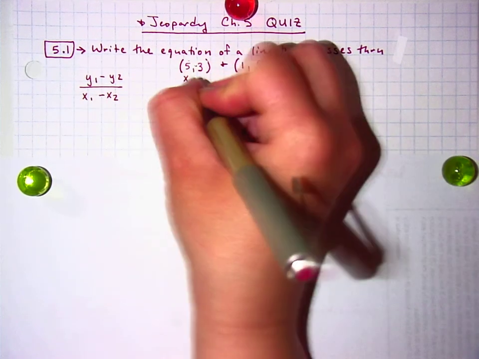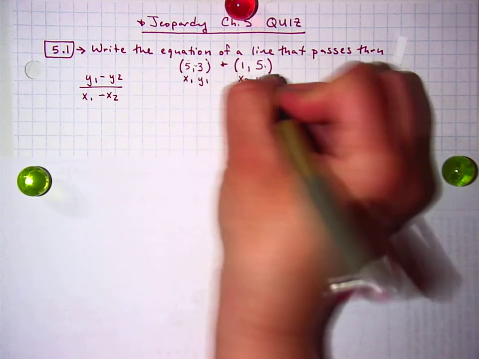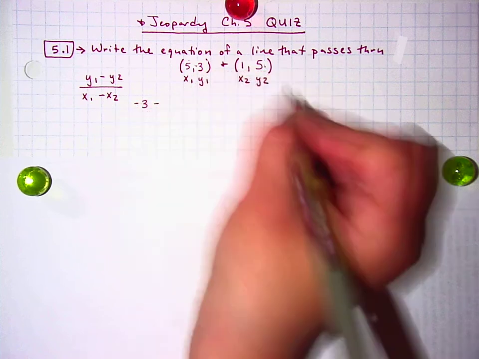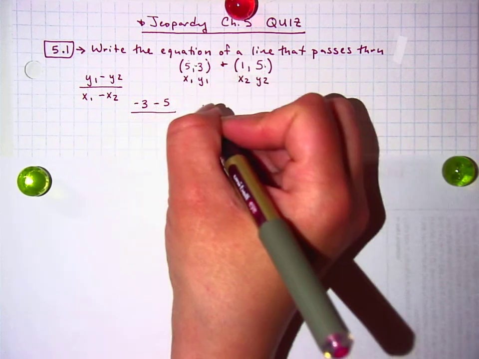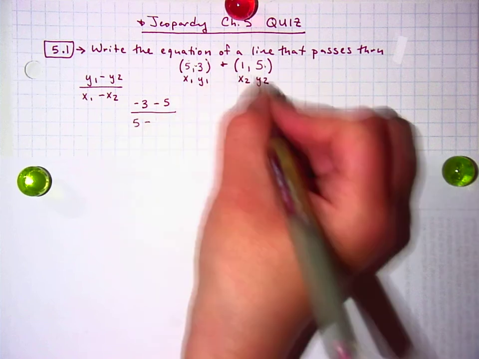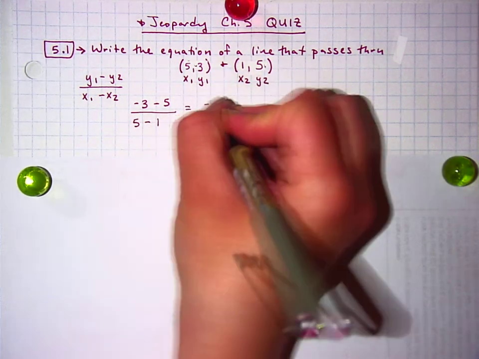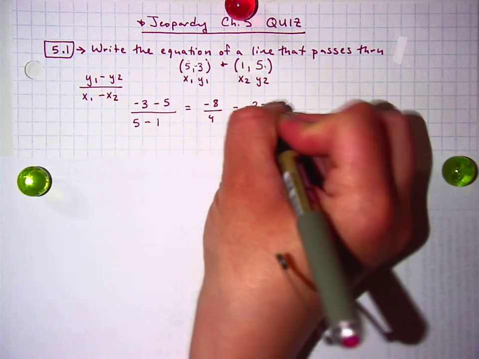Here's my first one, x1 and y1, and my second point is x2, y2. And then I'm going to start plugging stuff in. So -3 minus 5 over 5 minus 1. Okay, that gives me -8 over 4, which is the slope of -2.